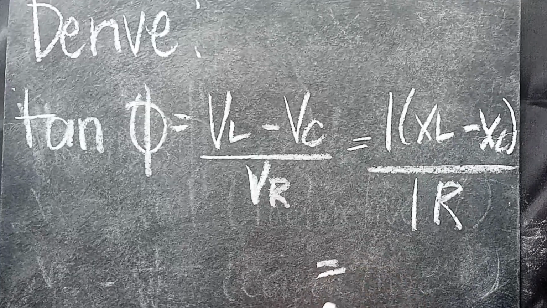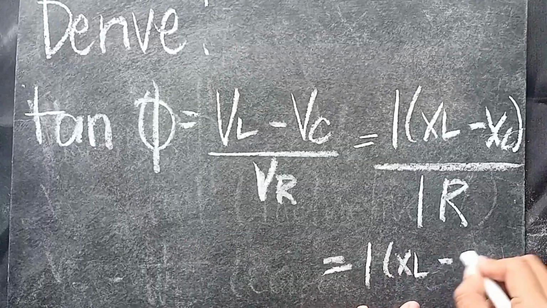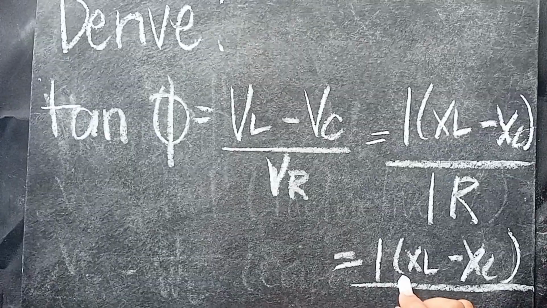Okay, so gihatag naman ang equivalent, which is kana. So imo na pud siyang isulat kay mag-derive na gid ta. So I XL minus XC over IR.